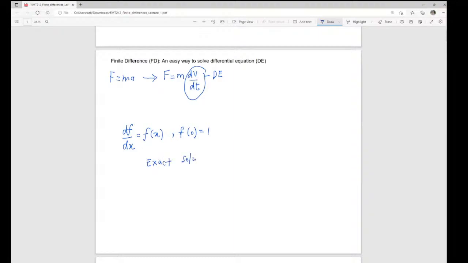This is quite a basic differential equation. So what is the exact solution? f(x) equal to exponential of x, right? But how about if we have something a little bit more complicated, like this?